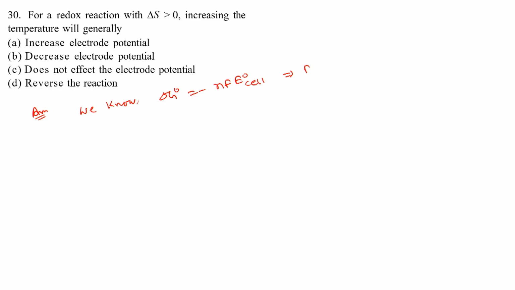So we can write E naught cell is minus delta G naught by nF, or delta E cell will be minus delta G by nF, right. n and F are both positive quantities, right.